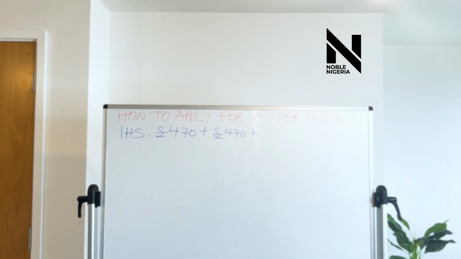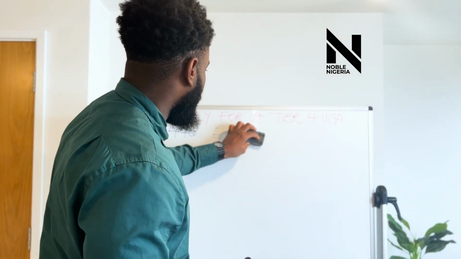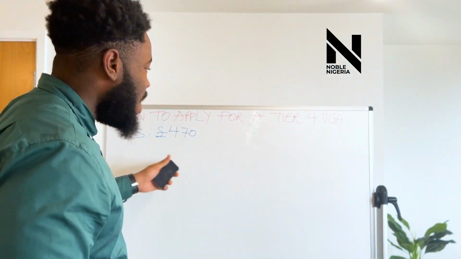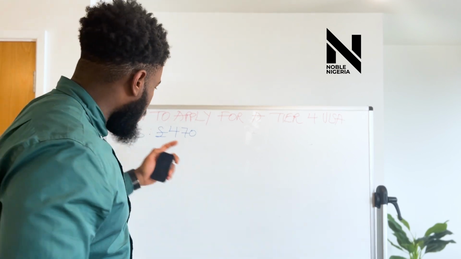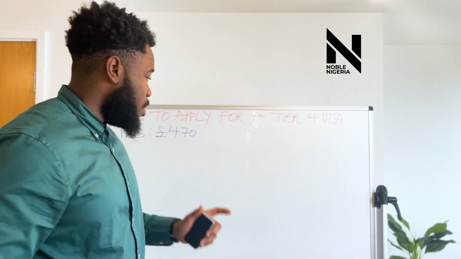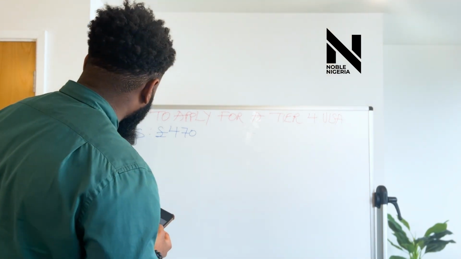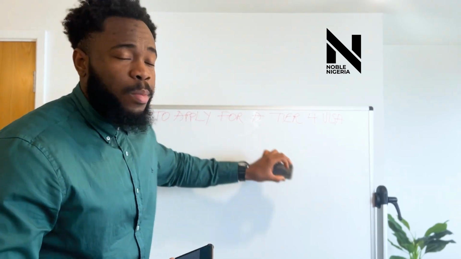But in this case, it's just yourself applying. Before you click the submission button, the website will take you to another website where you have to pay what we call the IHS surcharge fee, the immigration health surcharge.